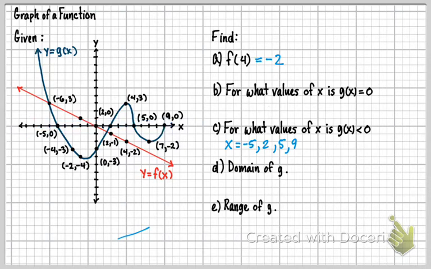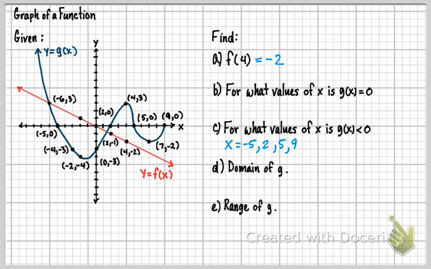Okay, so when I look at this, I say, okay, so the furthest right I'm going is to this value here. And the furthest left I'm going is actually all the way. Now, the reason why I'm going all the way left is because notice, this is on an angle as it goes upward, which means it's going to continue left and up. So it's going to continue left all the way to -infinity.